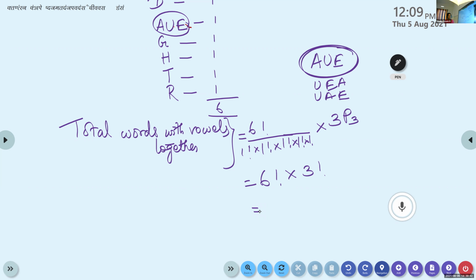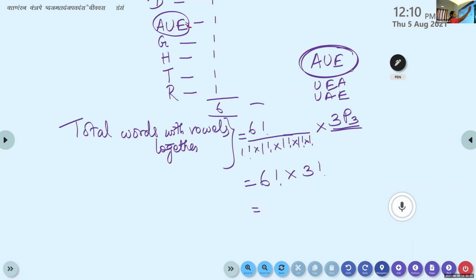Can you explain again? How did you get this 3P3? You look at this 6 factorial into this part. Why are we writing this 3P3?